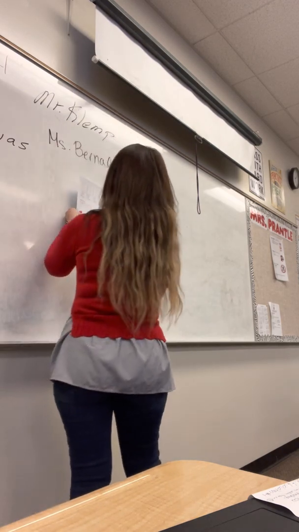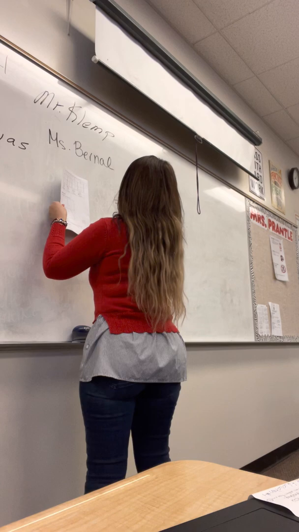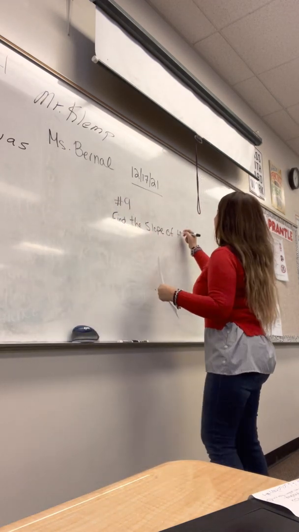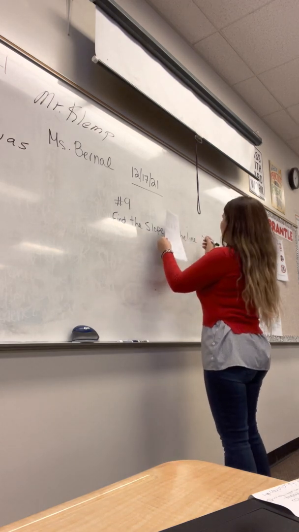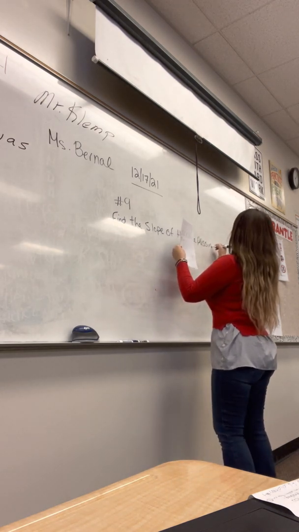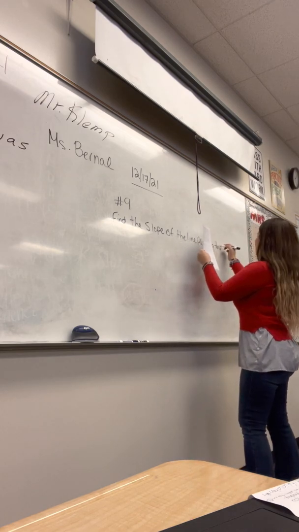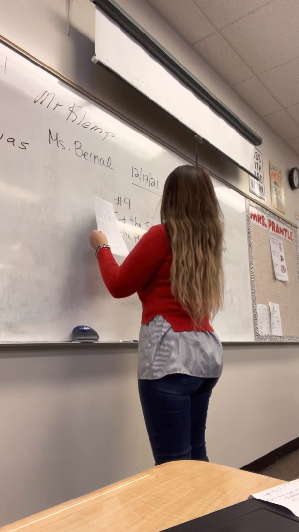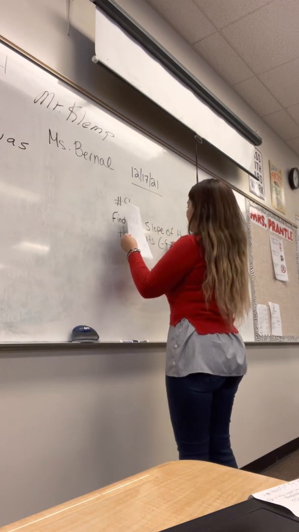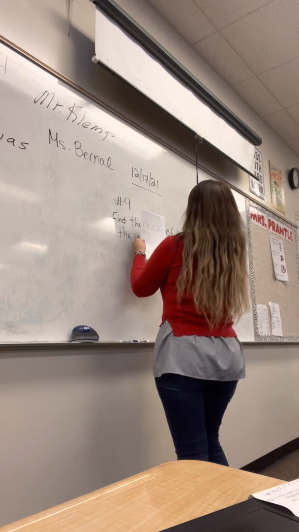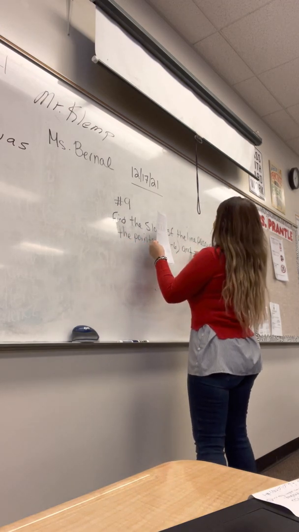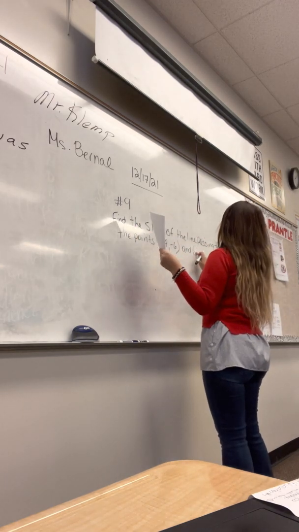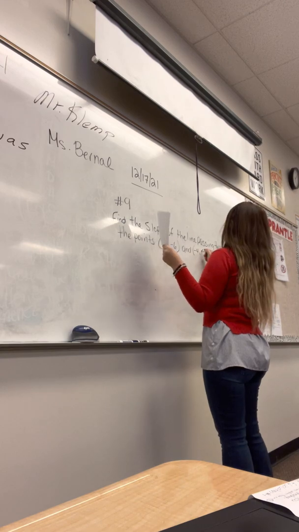And question 15, it says find the slope of the line passing through the points (-9, -6) and (-4, 5).